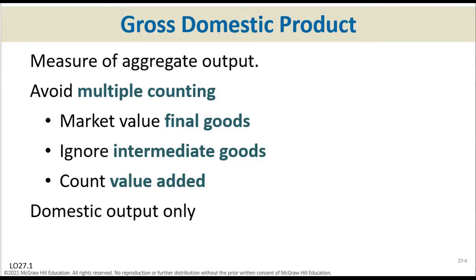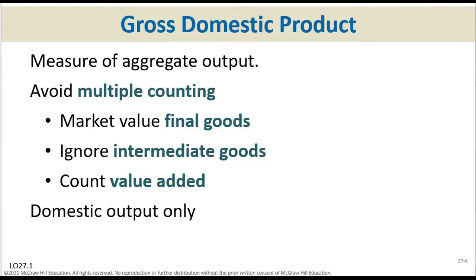One thing to point out here is that, since it's the output produced, economists have to be careful not to multiple count or double count goods. To that point, GDP accounts for only the final goods produced, and ignores intermediate goods.